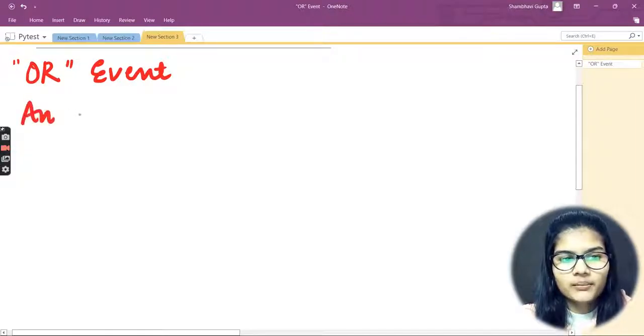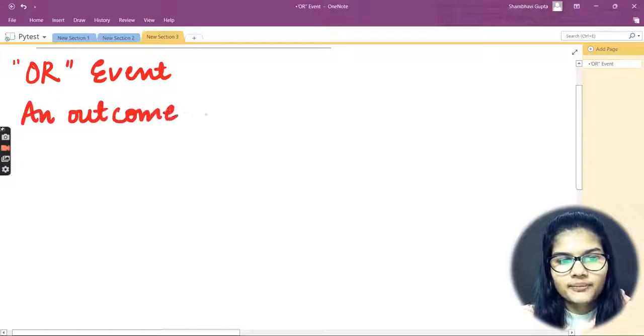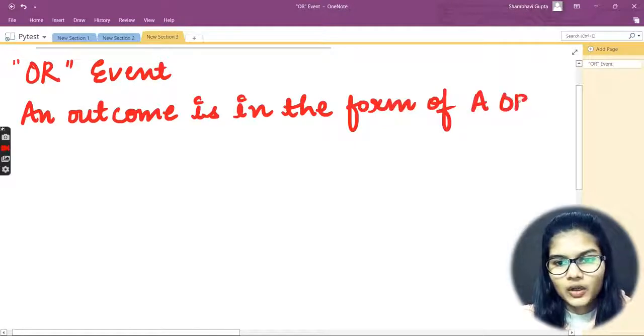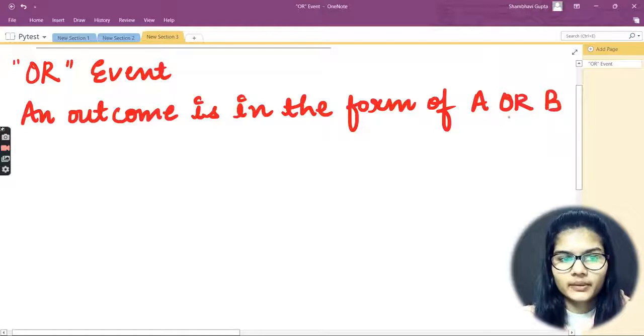An outcome in an OR event is in the form of A or B. This is how we write that out.